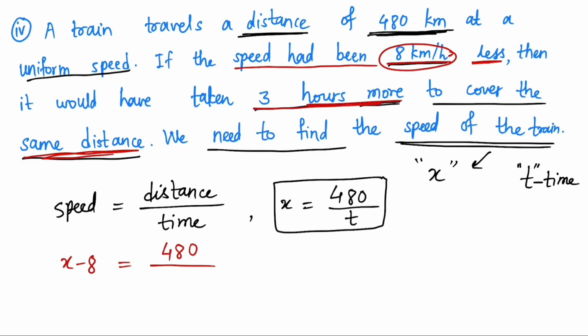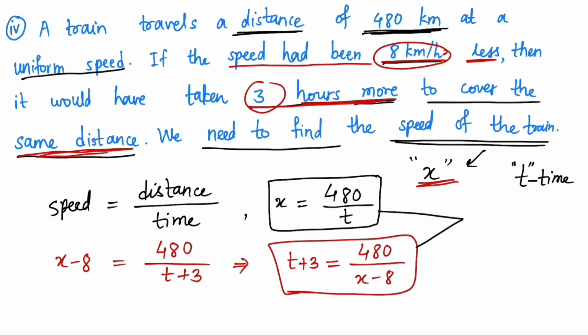That means we have to add 3, so t plus 3. Now we want the equation in terms of x, the speed of the train. So let's rewrite this equation. So this gives us t plus 3 is equal to 480 divided by x minus 8, right?